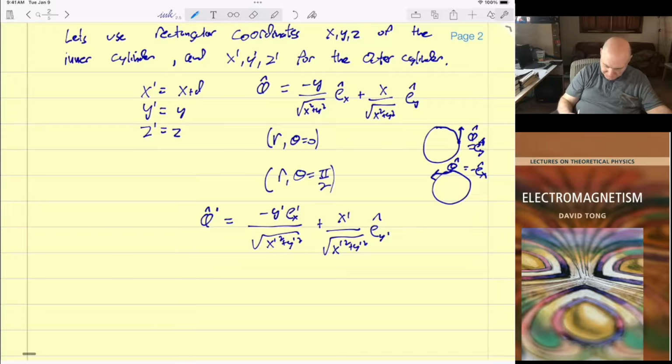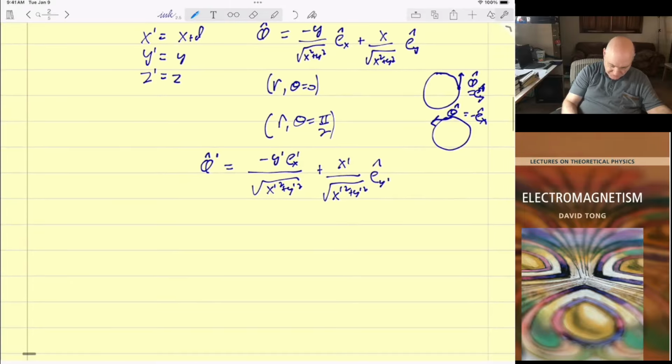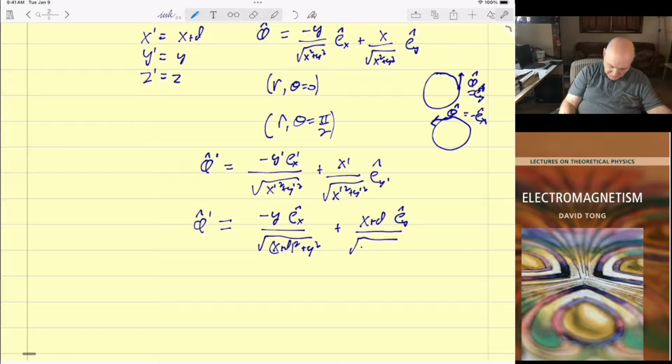So we can write it in terms of our inner cylinder coordinates using the coordinate transformation above: minus y e_x over the square root of (x plus d) squared plus y squared, plus (x plus d) e_y over the square root of (x plus d) squared plus y squared.